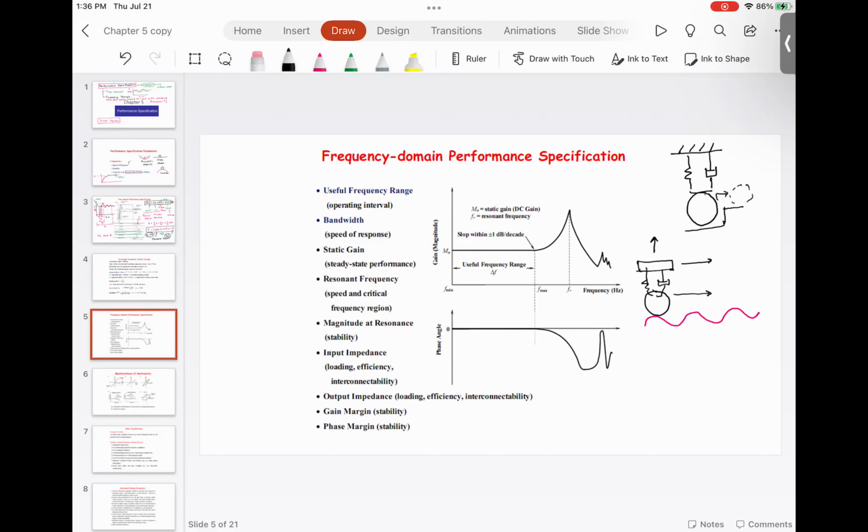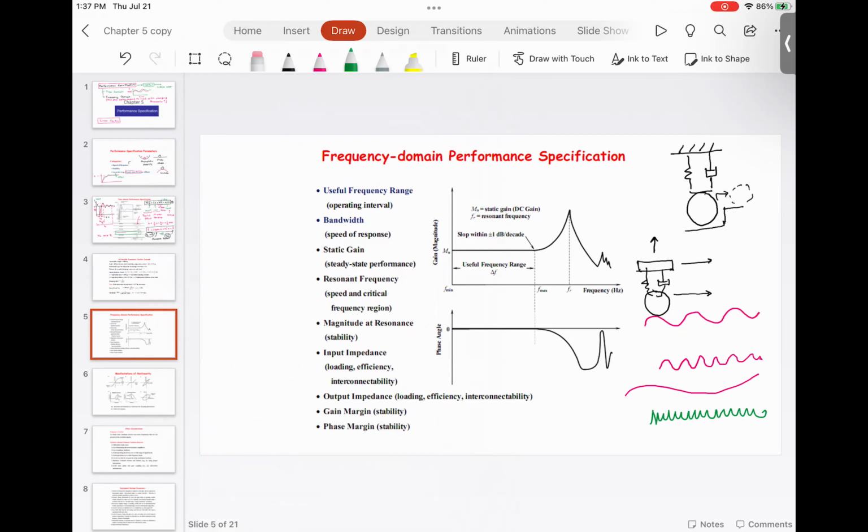Then the next question is, if the road becomes bumpier, which means this becomes like this. Imagine the road becomes like this. Imagine the road becomes maybe like this. So how is the system going to behave when the same suspension rides on roads of different profiles at different speeds?